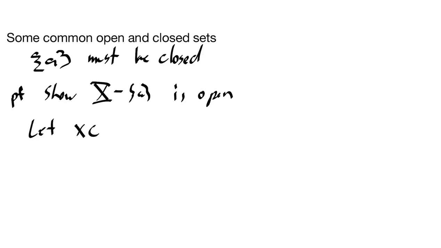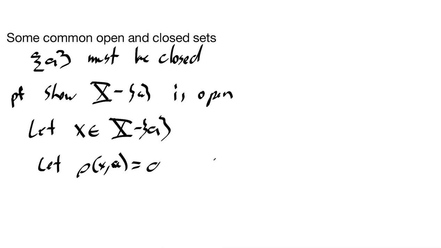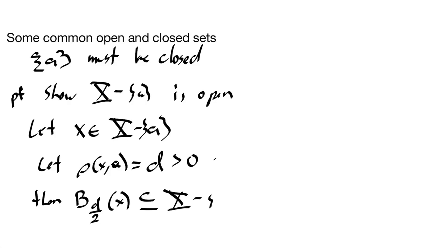Let's call it X in X minus A. Then all I'll notice is that there's a distance between X and A. Let rho of XA equal D, and that must be a positive number because X is not equal to A. Then I just simply point out that the ball of radius, say D over 2, around X must be a subset of X minus A.